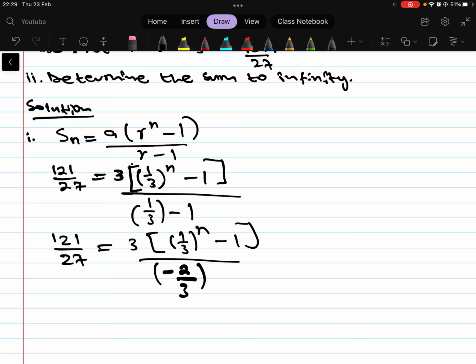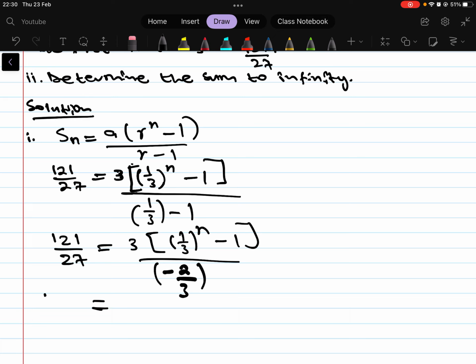That is actually what is happening there in the denominator. So now to simplify this thing, we can just say 3 divided by negative 2 over 3 and find out what that is. 3 divided by negative 2 over 3, that is negative 9 over 2.